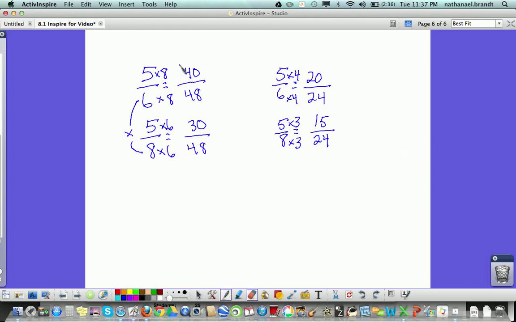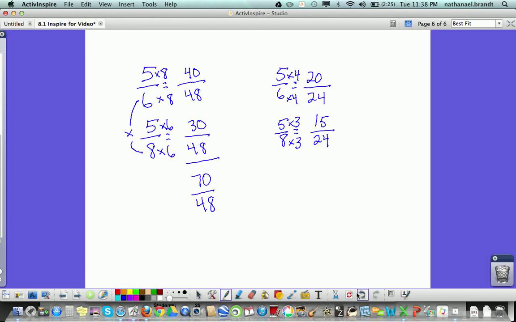Now, we talked about finding common denominators so you can compare fractions, or so you can add or subtract fractions. In both cases we're just going to add them. So 40/48 plus 30/48 equals 70/48. In this problem, tell you what, rewind.